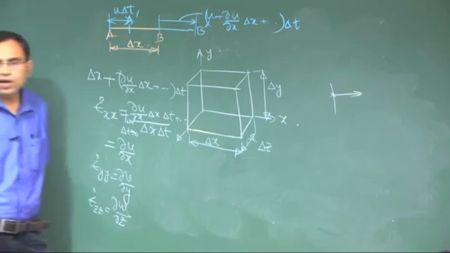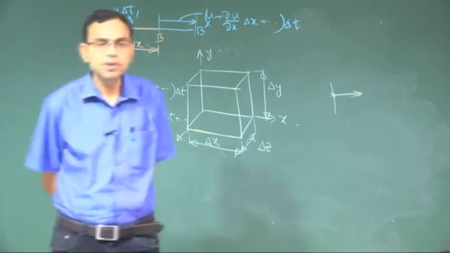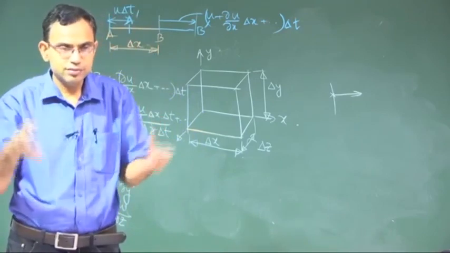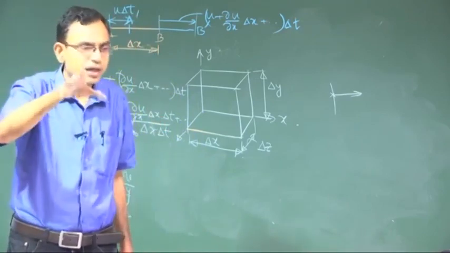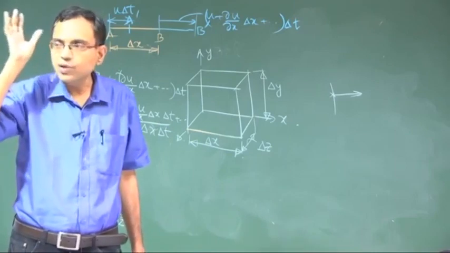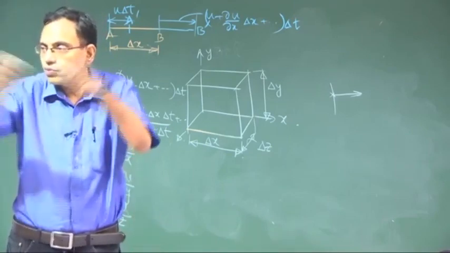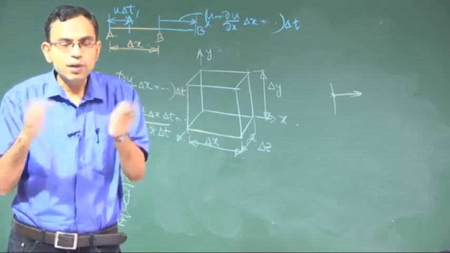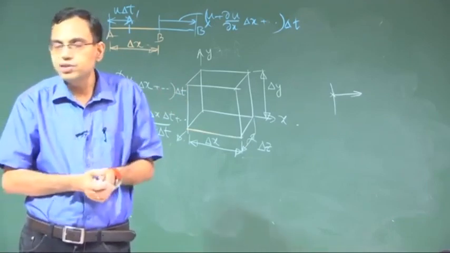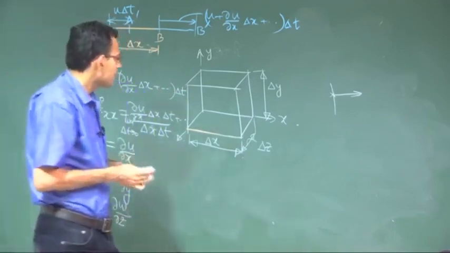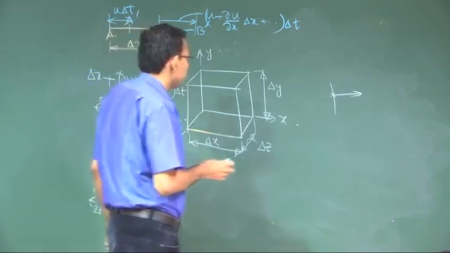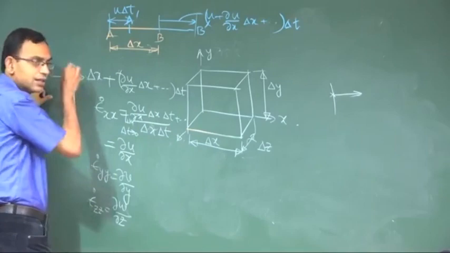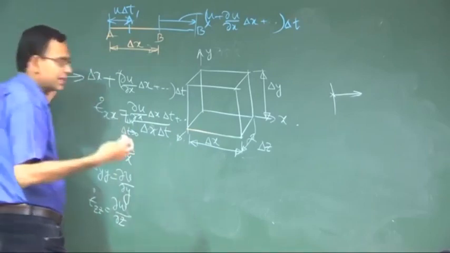For fluid, it is not really the change of length that people bother about, it is the change in volume. Say you have a container and you put the fluid in the container, what you fundamentally try to measure is the volume, not the individual lengths. Lengths are very abstract quantities for fluid, but volume is the real practical quantity with which you deal. So let us translate this into volume. What is the new volume? New volume is new delta x into new delta y into new delta z.